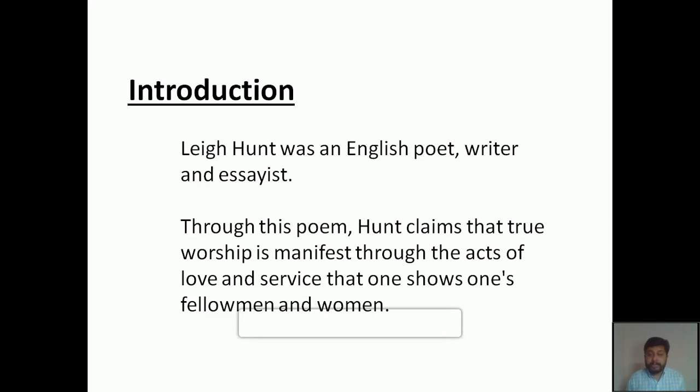It means the love and service that one shows one's fellow men and women. So the humanitarian concept, or the love towards other fellow human beings, is the true worship and true love towards God. That's what he is trying to express through this poem.